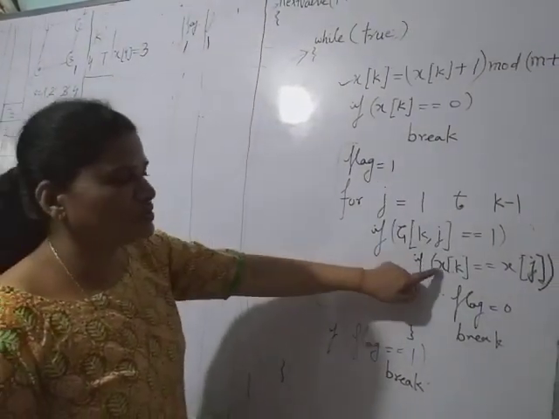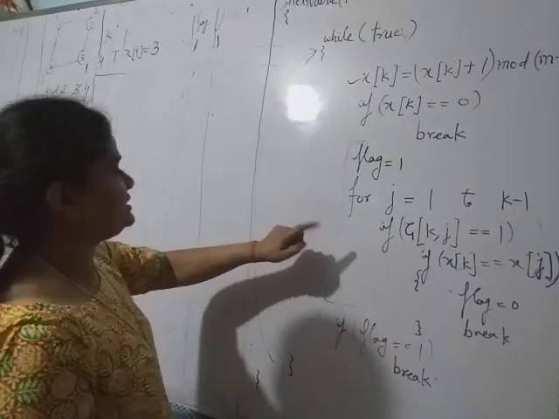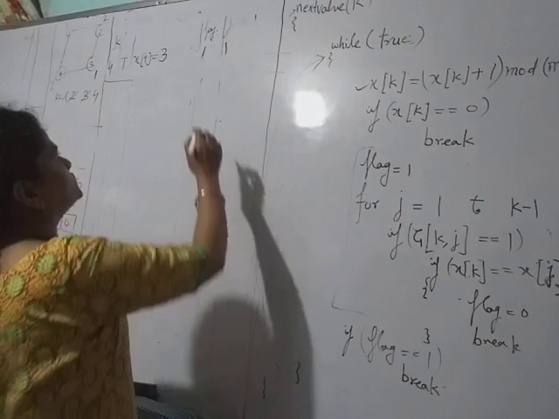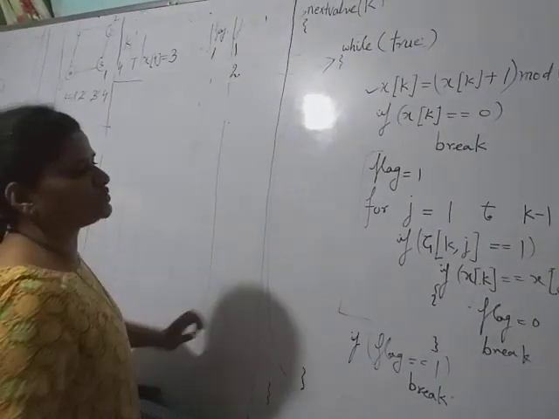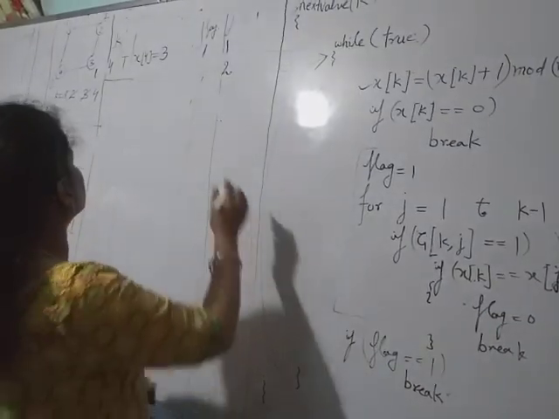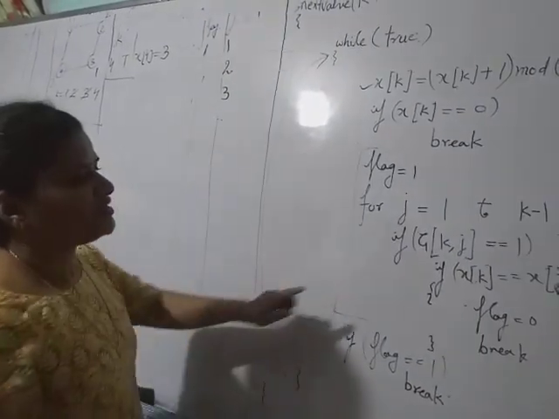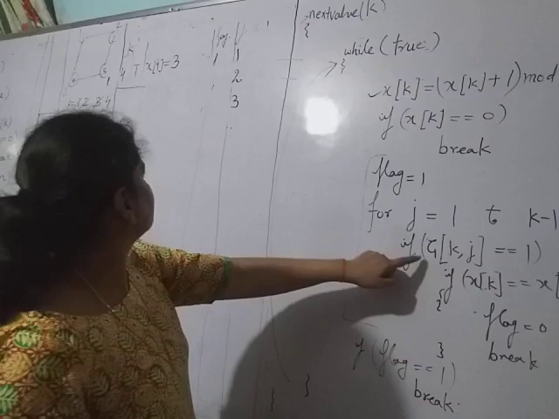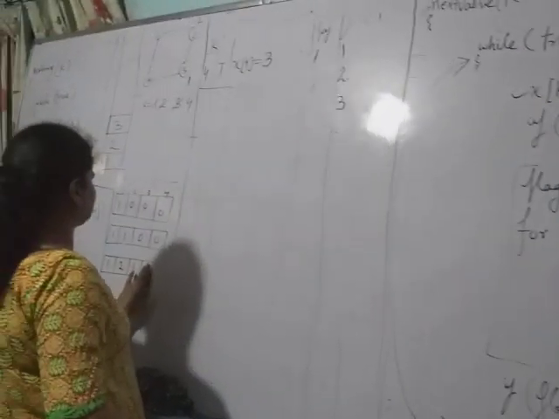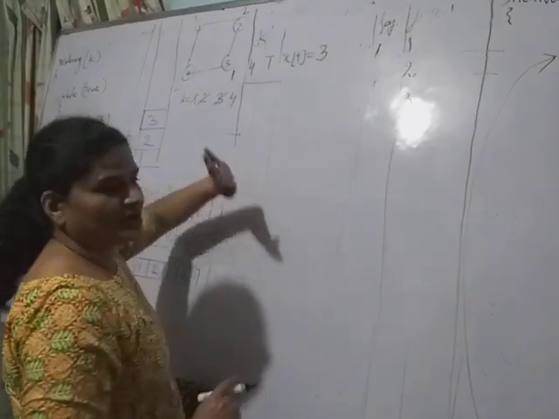Okay, so both are not equal. Then j is 2. 4 and 2 are not adjacent. Next, j is 3. 4 and 3 are adjacent, but x4 at this time is 3, and 3 and 1 are not the same.